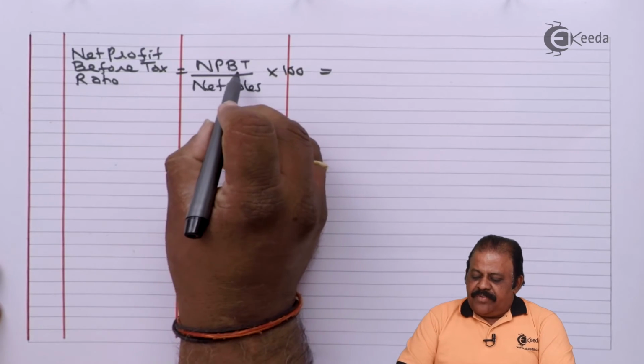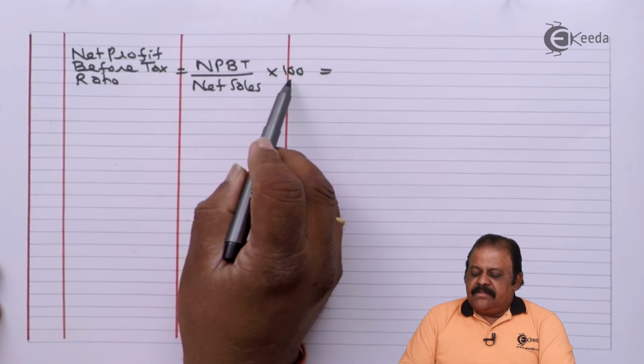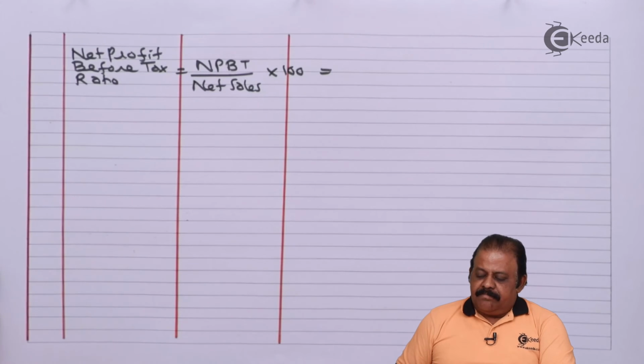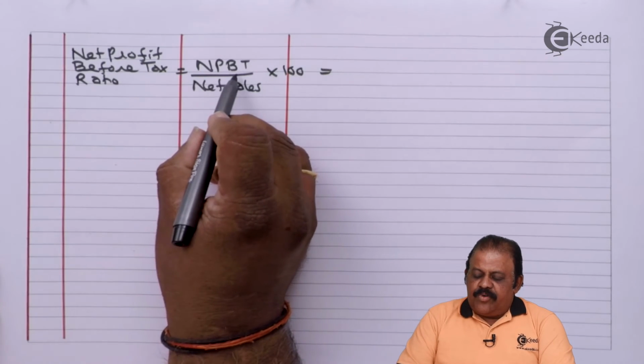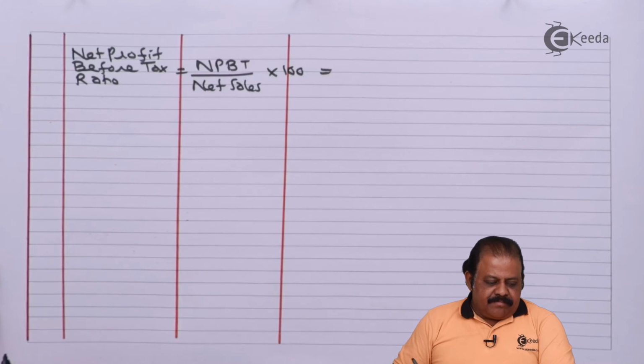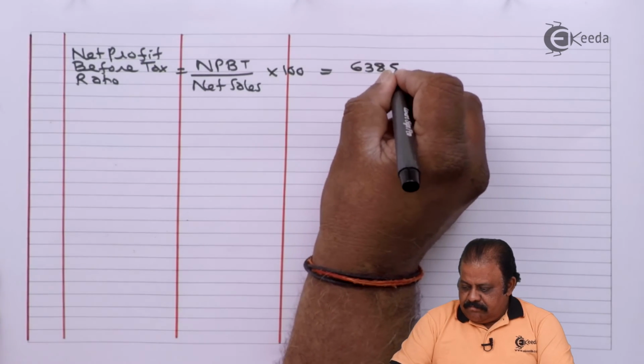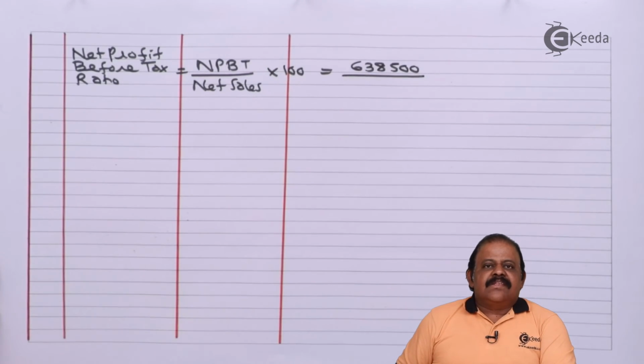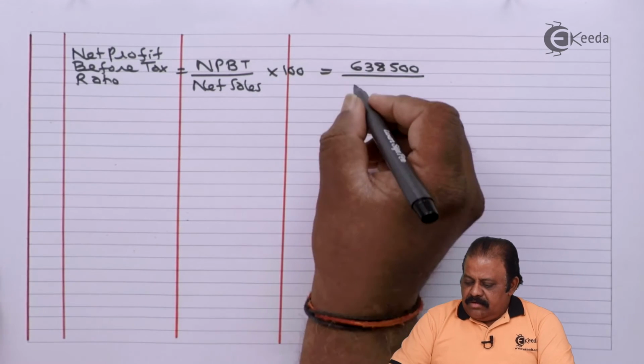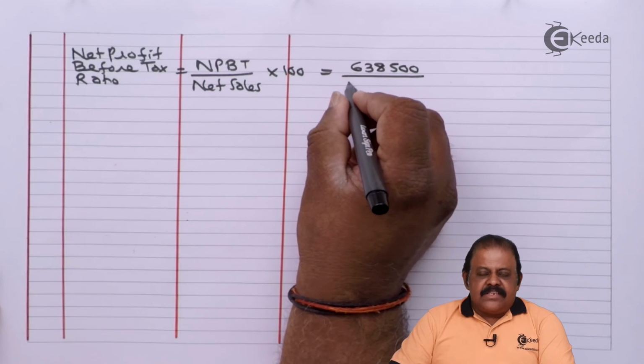Formula is net profit before tax divided by net sales multiplied by 100. Net profit before tax we have calculated 6,38,500. Net sales we have 25 lakhs.